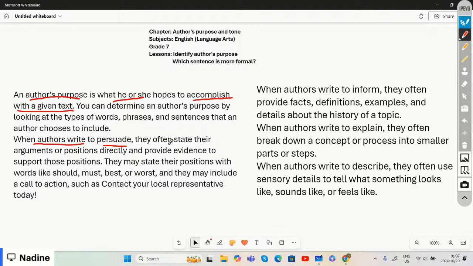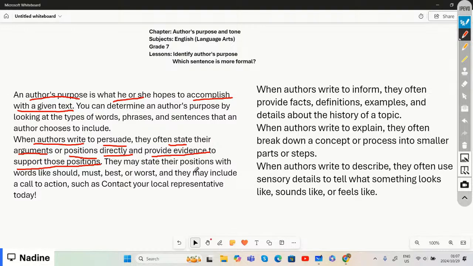They often state their arguments or their positions directly and they provide evidence to support those positions.